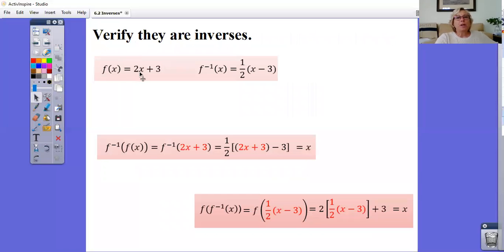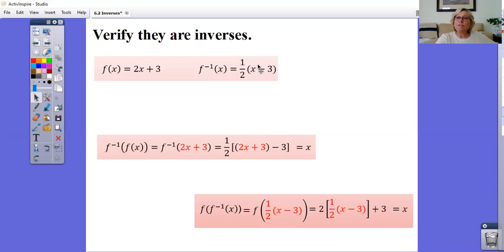Okay, another one. I have two functions here. I'm going to plug the f into the inverse right here. That x goes out and the 2x plus 3 goes in. The positive 3 and the negative 3 cancel out. The 1/2 times 2x cancels out, and it leaves the x. And I can go backwards.